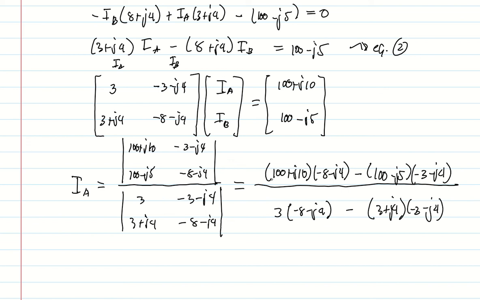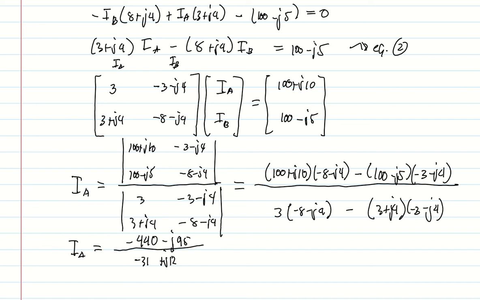Then we simplify this. IA will be equal to, the numerator will be negative 440 minus j95. Then for the denominator, we have negative 31 plus j12.